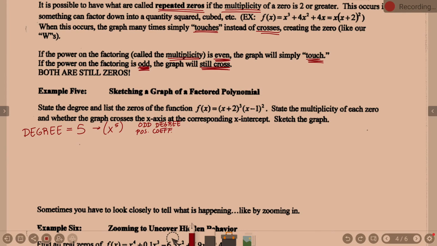What else do you know is odd? X cubed is odd, yes? So what does an x cubed that has a positive coefficient look like? It starts down and ends up, yes? X to the 5th is odd and positive. What's it going to do? Start down and end up.